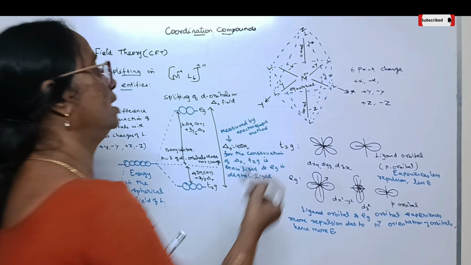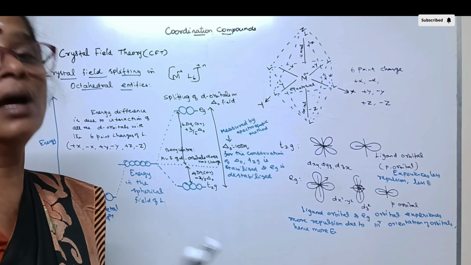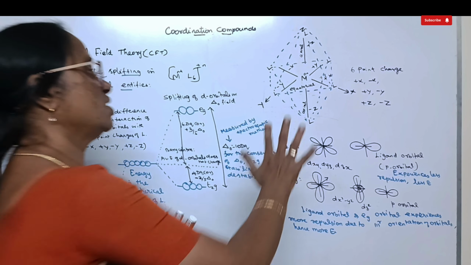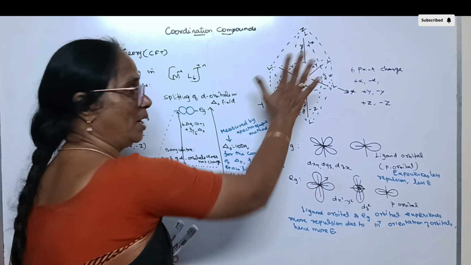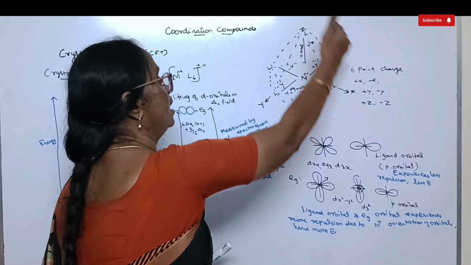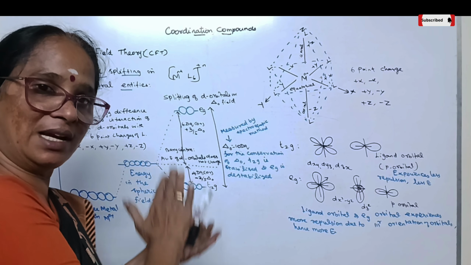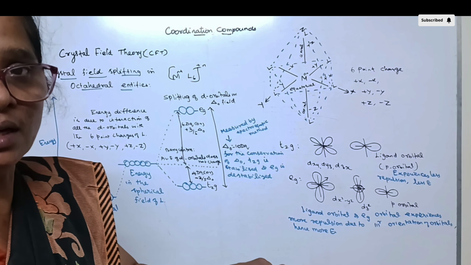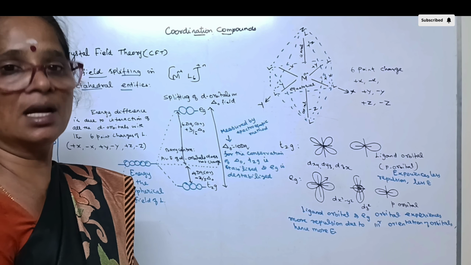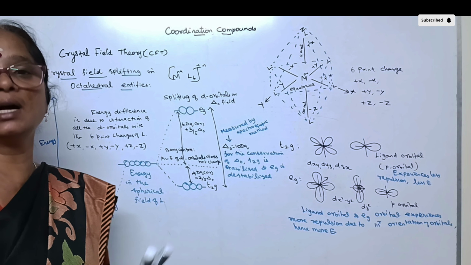When these ligands surround the central metal ion, what happens? Already we said the degeneracy of the d orbitals is removed. So the spherical nature of the field is converted into an octahedral polyhedron. Here the spherical field is converted into an octahedral field, but the energy of the d orbitals must be conserved.